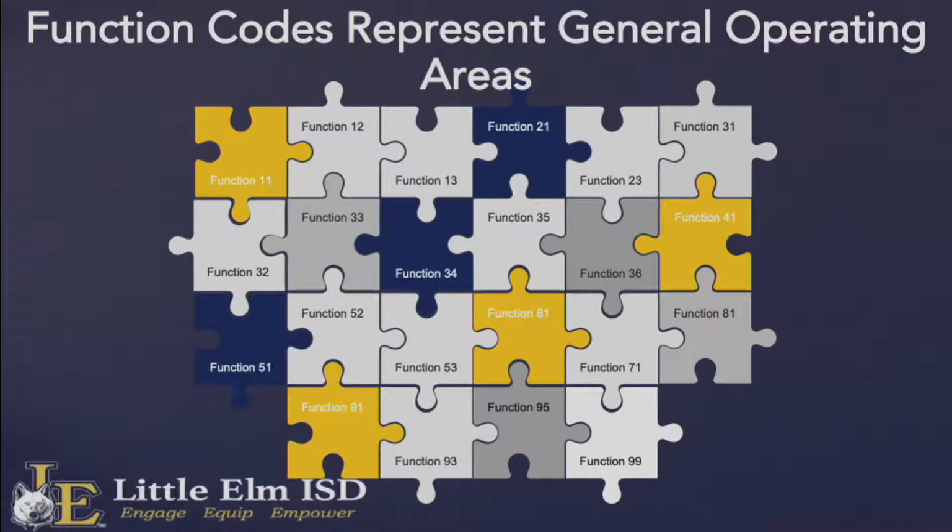And by law, and by Texas Education Code, we actually have you adopt this by the functional level, and it's all those pieces that fit together to support our students' experience.